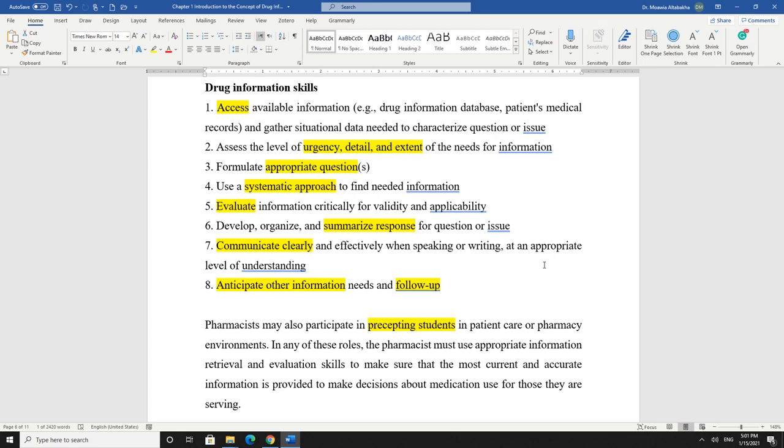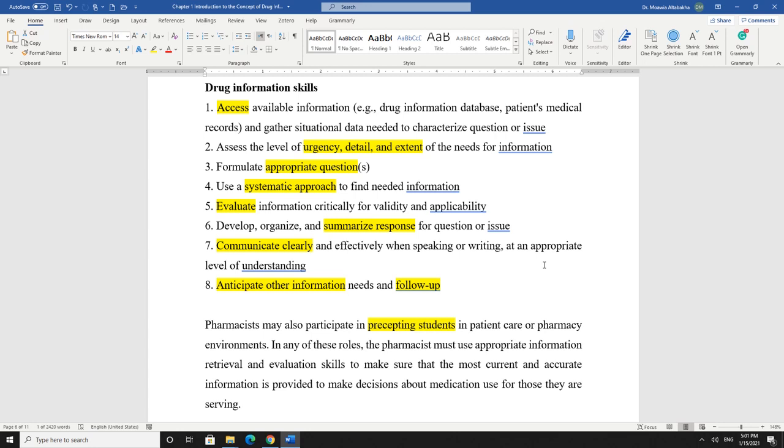So I am not going to go on the internet, type, and look at Wikipedia and then say okay, this is the information. No, I have to know where I need to go. So we have Lexicomp, and this database can provide you with drug information.